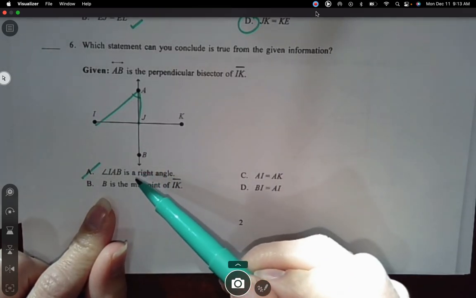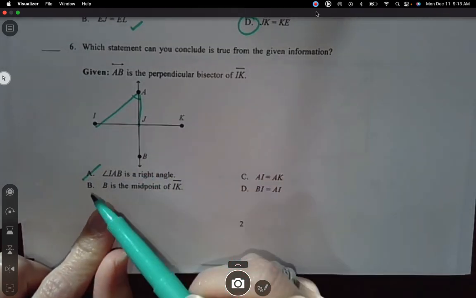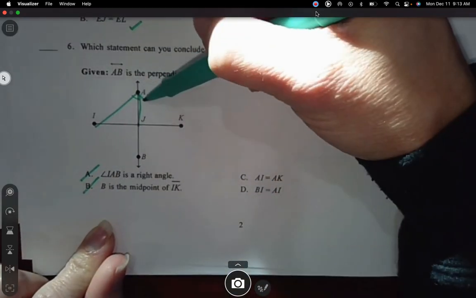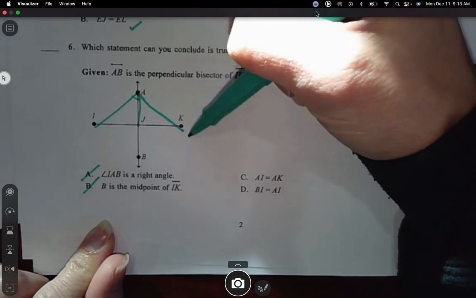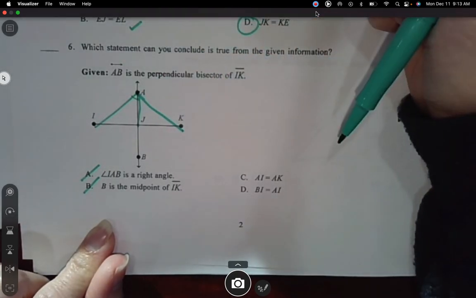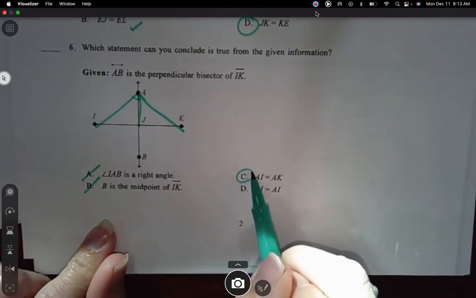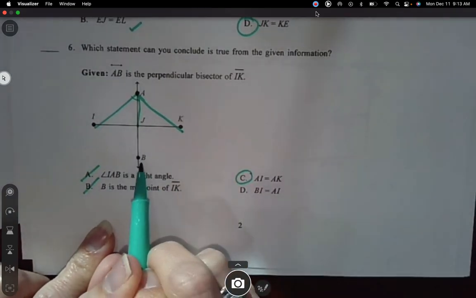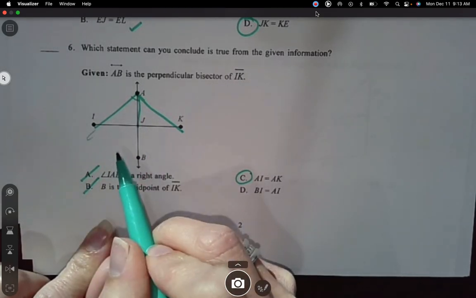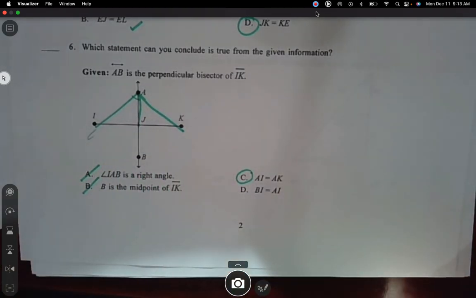B is not even on IK. So, no. Would AI be equal to AK? That's the one I'm guessing is true. That looks like it could be true. So I'm going to go with that. But let me just double check. What about BI and AI? That's not right. Those are on the wrong kind of sides. So it's C.